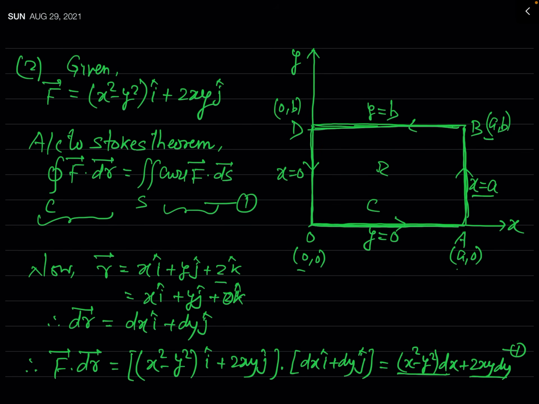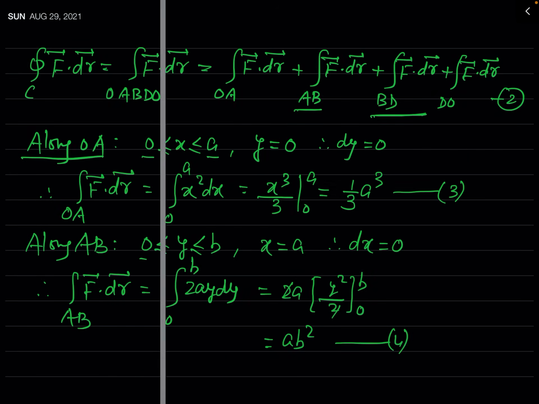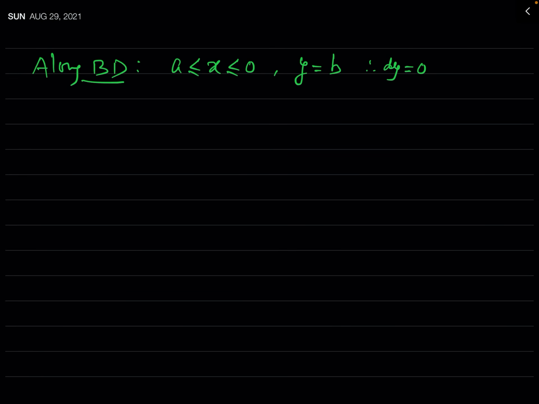You can see, since dy is 0 in this case, this second term will vanish, and y is fixed at a value b, so this will be x square minus b square dx. So let us use this idea here.